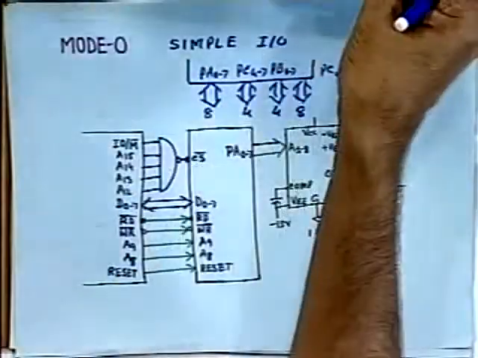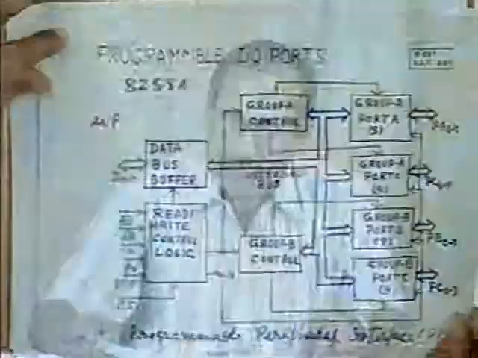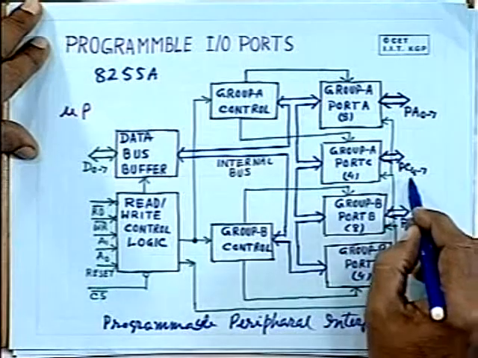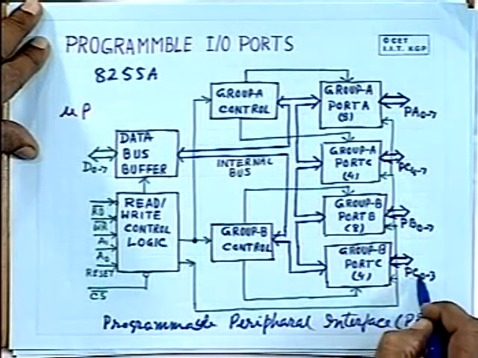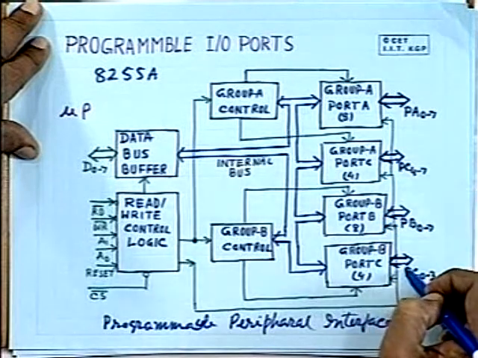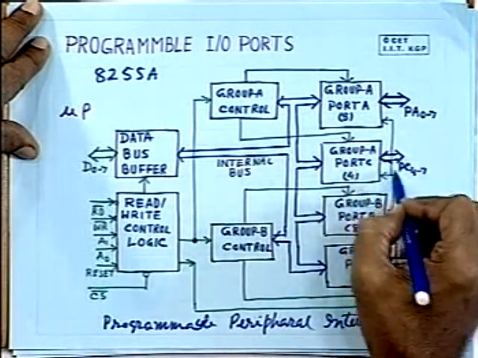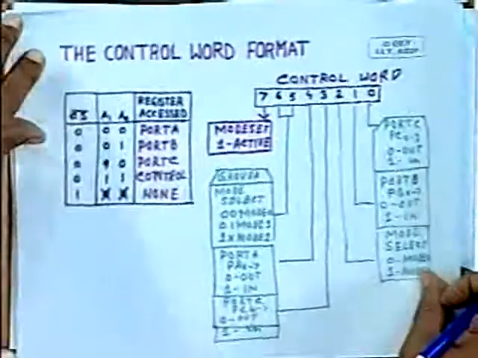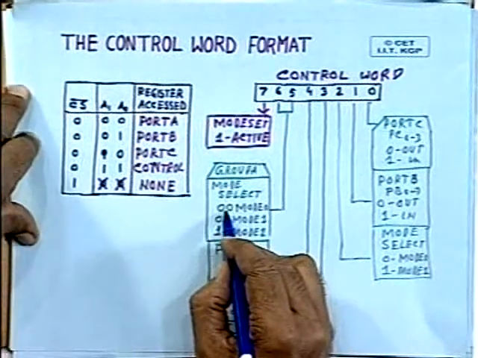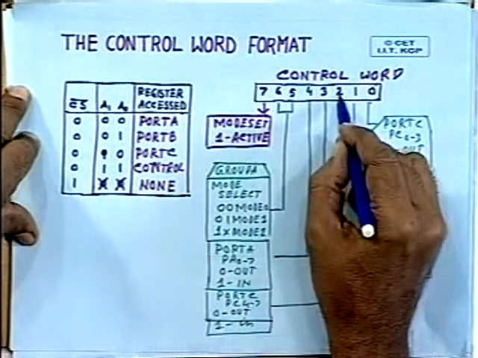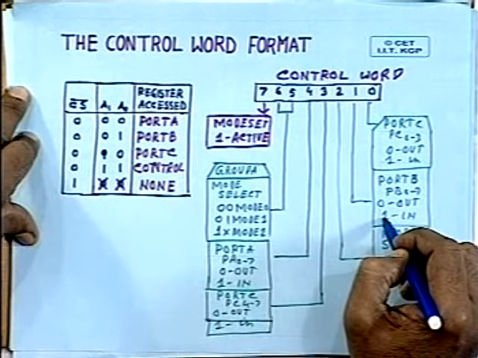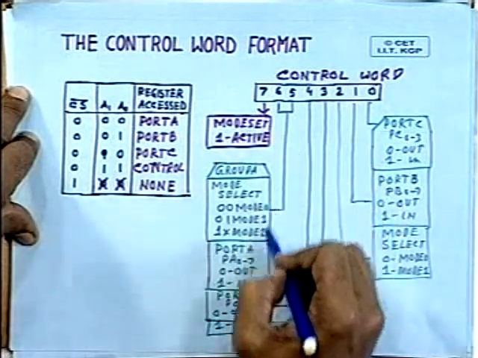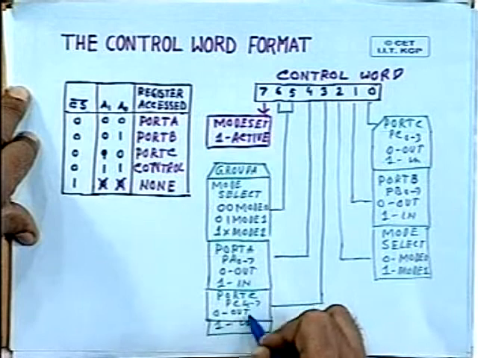That means without changing the interconnection, the same ports, say port A 0 to 7, port B 0 to 7 or port C 0 to 3, all these ports can be configured as an output port or input port by changing these bit values. You have to write 1 here in this bit, and then depending on whether you write 0 or 1 in these bits, the direction of the ports is decided.